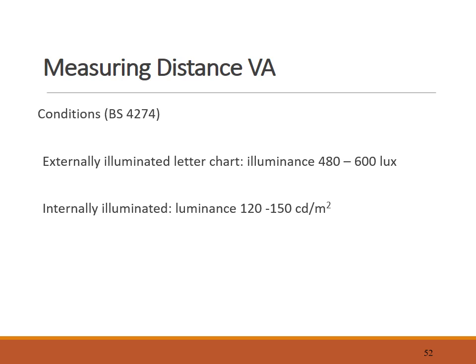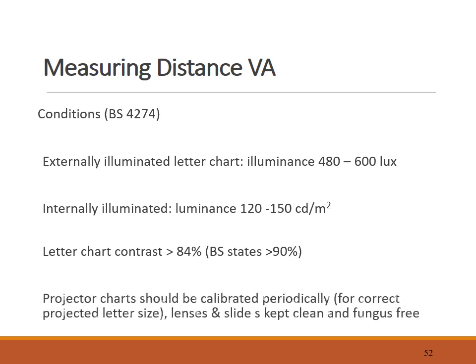Internally illuminated luminance is 120 to 150 candela per meter squared. Letter chart contrast is more than 84%, alright? And a projected chart should be calibrated periodically for correct projected letter size, and the lens and slide kept clean and fungus free.